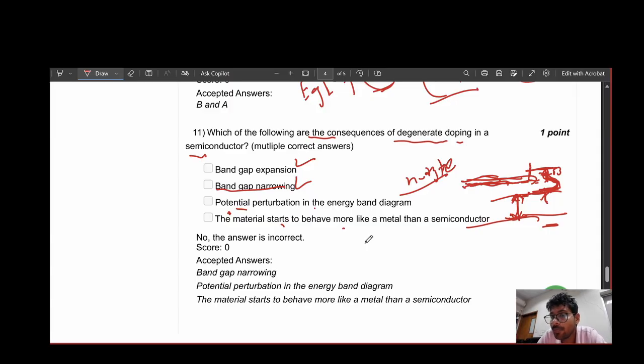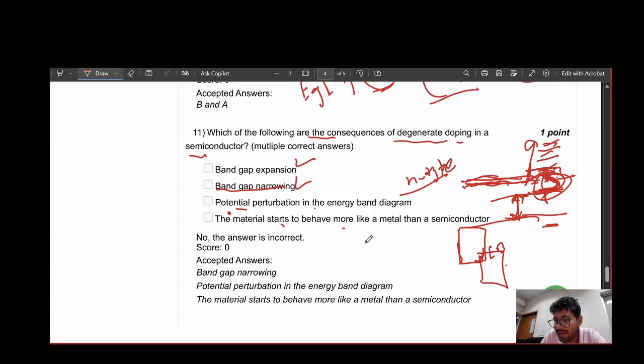Yes, because as you have doped this very high, there are electrons in these states, and above that there are empty states. So the situation is like there is a band which was empty. This is the conduction band which was empty. Now you have created another band because of the doping, which is full, which is overlapping with the conduction band.